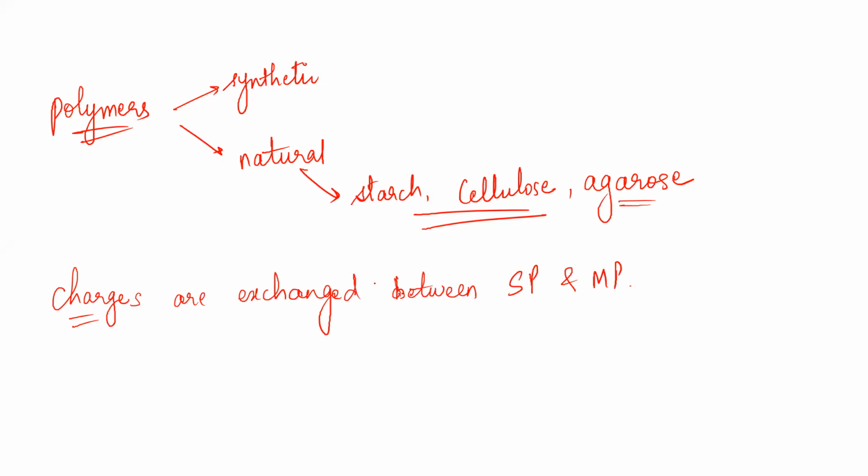So here we know that when we talk about charges, there is plus charge and there is minus charge. So based on that, ion exchange chromatography can be of two types.